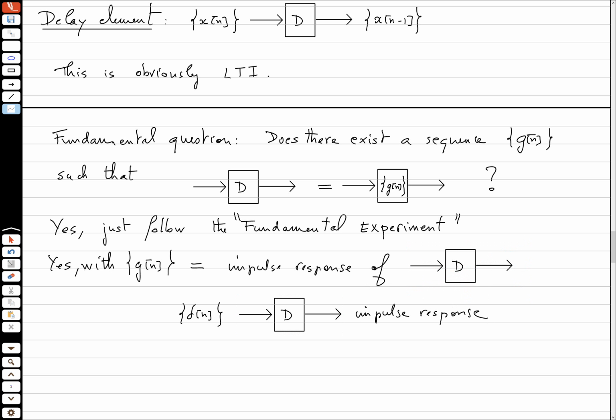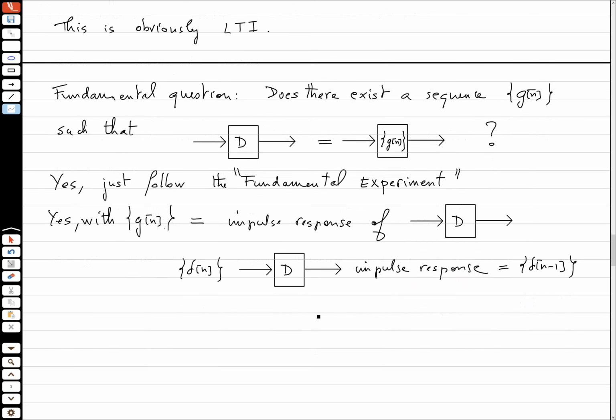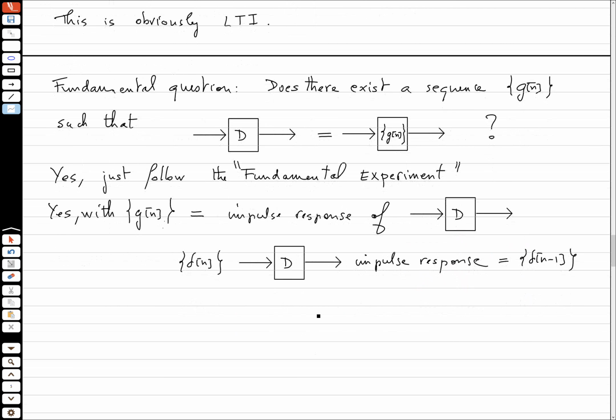But how much is it? It's delta of n minus 1, right? So we know that this system and that system are equal if you take g of n to be delta of n minus 1, as a consequence of the fundamental experiment.